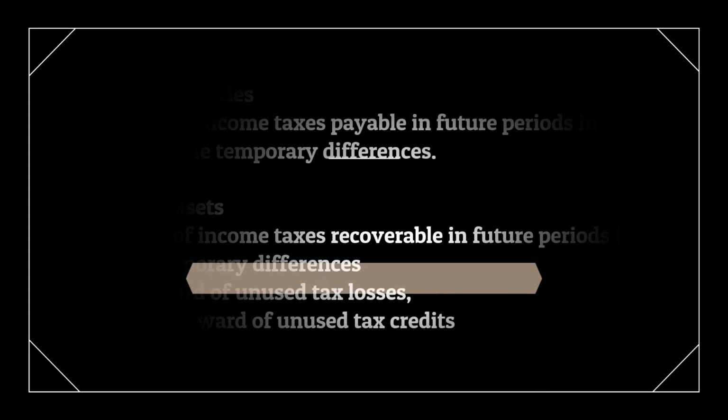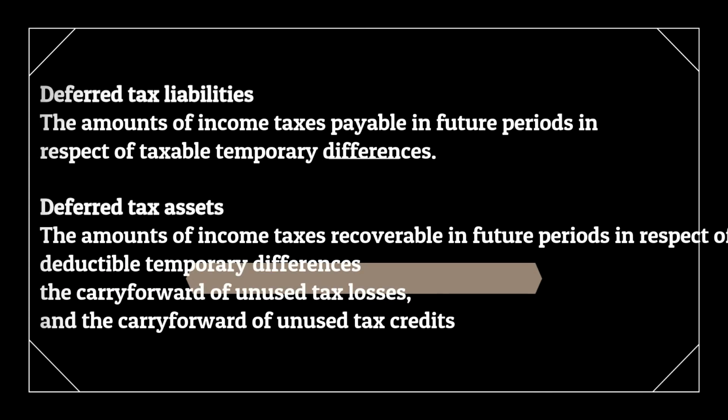Deferred tax liabilities are the amounts of income taxes payable in future periods in respect of taxable temporary differences. Deferred tax assets are the amounts of income taxes recoverable in future periods in respect of: A, deductible temporary differences; B, the carry forward of unused tax losses; and C, the carry forward of unused tax credits.